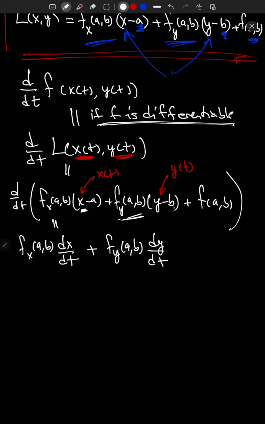The b, when you differentiate it, goes away. And then plus 0, because this f of a b is a constant. It's the point of interest, just a single point, so it's a constant.